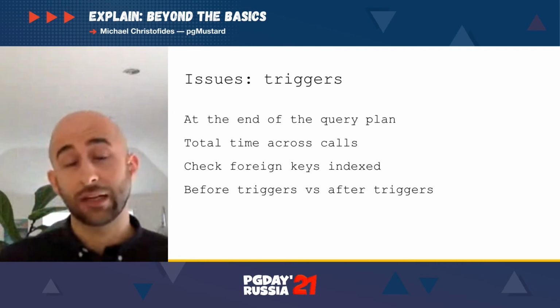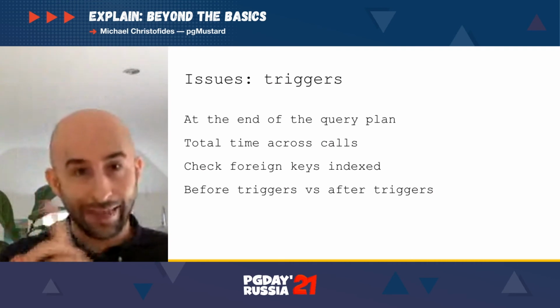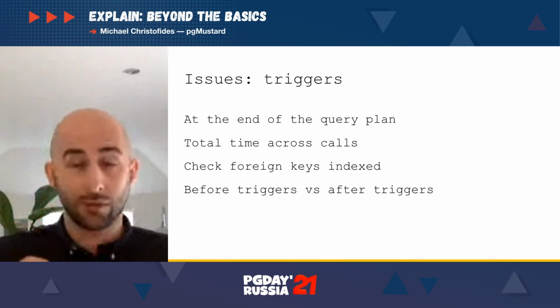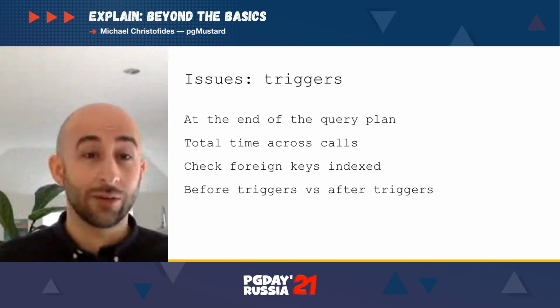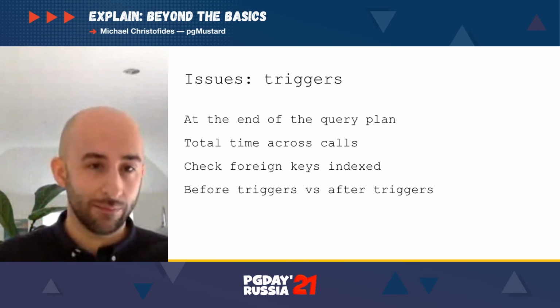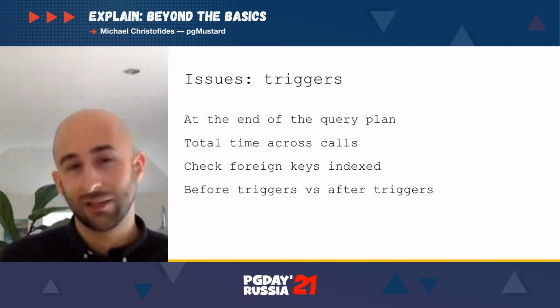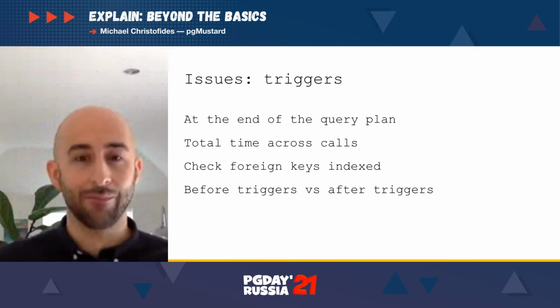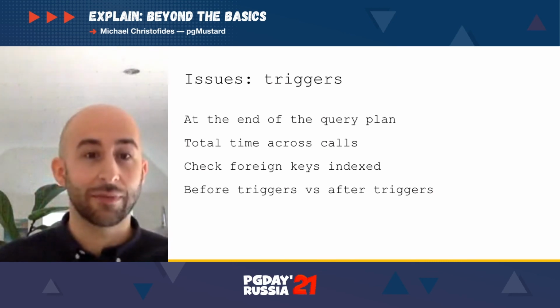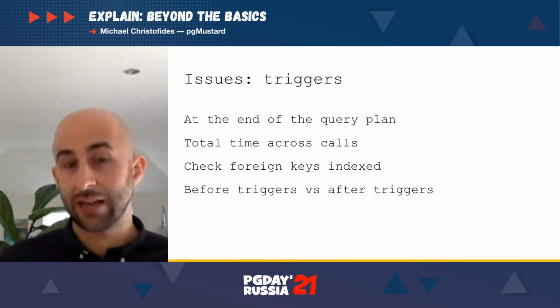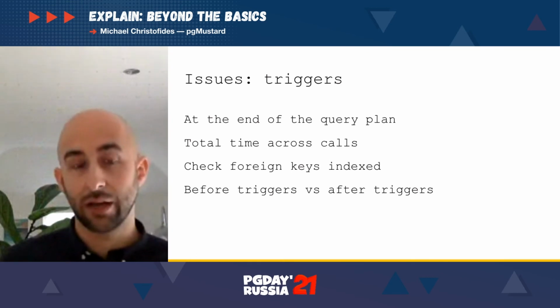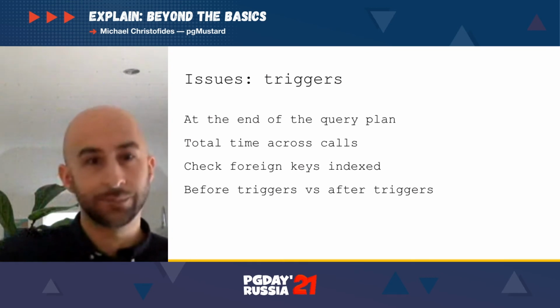Any before triggers are also accounted for in that top parent or root operation. So unfortunately, there's no way of telling programmatically as a tool whether a trigger is a before trigger or an after trigger. Sometimes you can infer it, but that's something that tools might struggle with in terms of telling you exactly which operations are responsible for how much time.